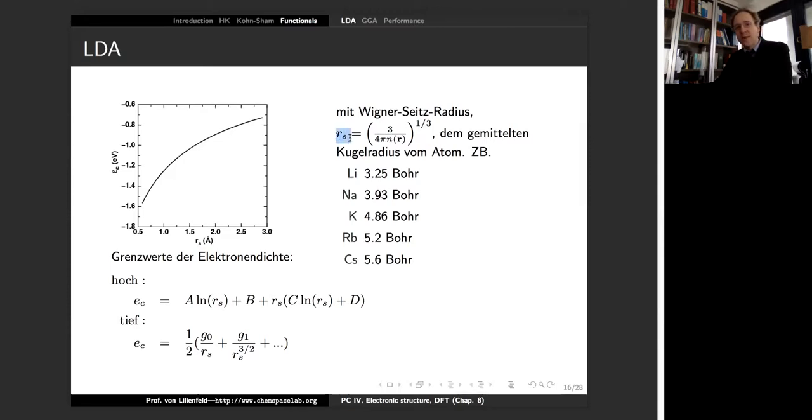This is what's known as the Wigner-Seitz radius. So this is some averaged spherical radius of each atom. It's a way in which you could measure an atomic radius. And you can plot this as a function of the electron density, right? This Rs is a function of the electron density. The larger the electron density, the smaller Rs.